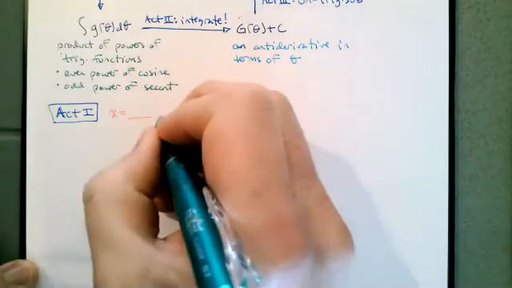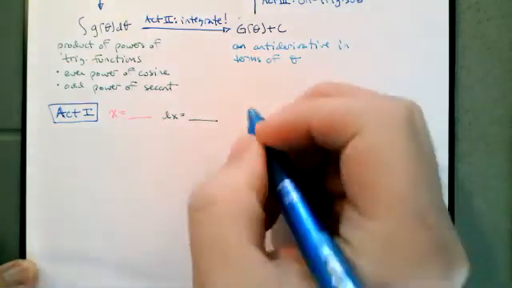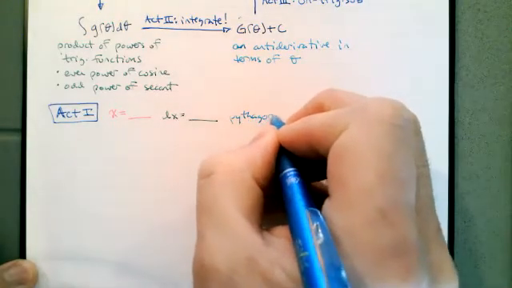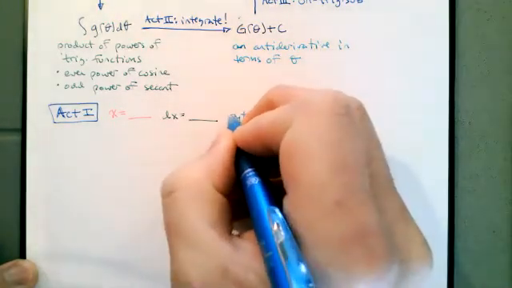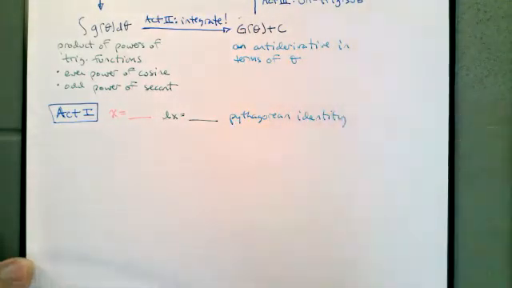We need to write down what x equals, what dx equals, and a Pythagorean identity to turn 2 terms into 1 term.